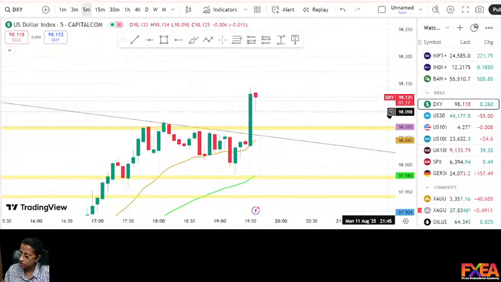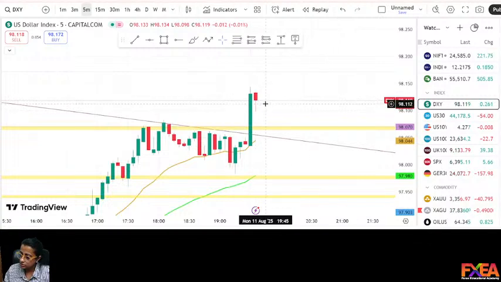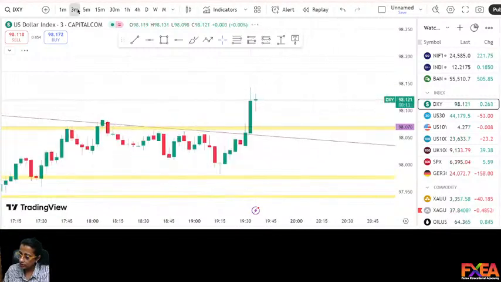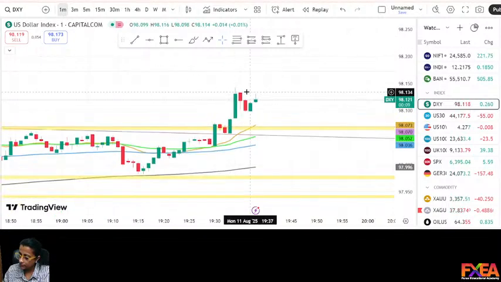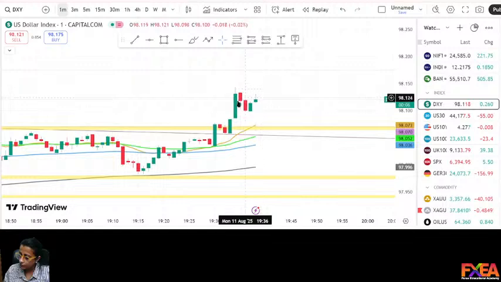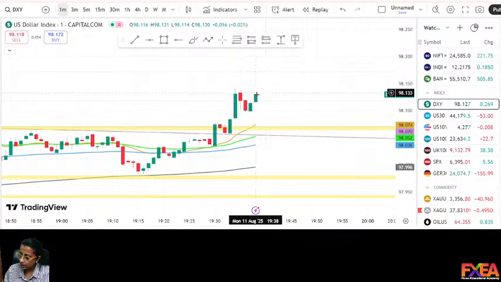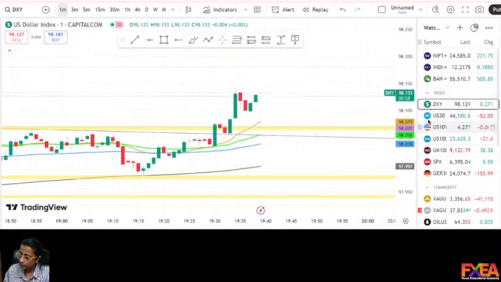It's giving some pullback in the lower time frame, or you can say in the 1 minute time frame. If it is again crossing this level upwards, again you can expect a good downward move in gold.